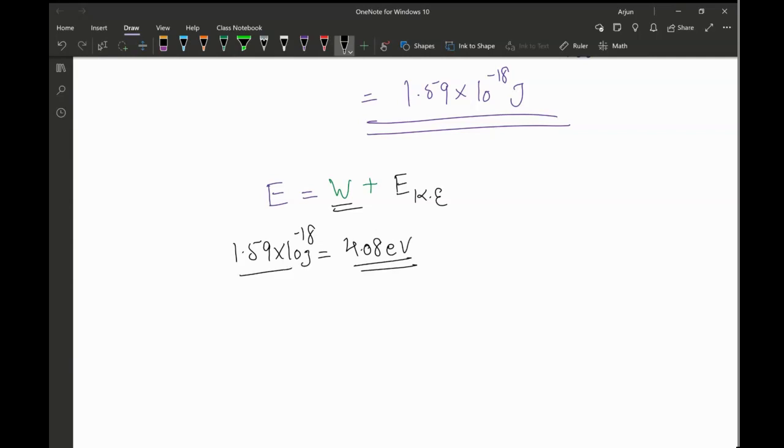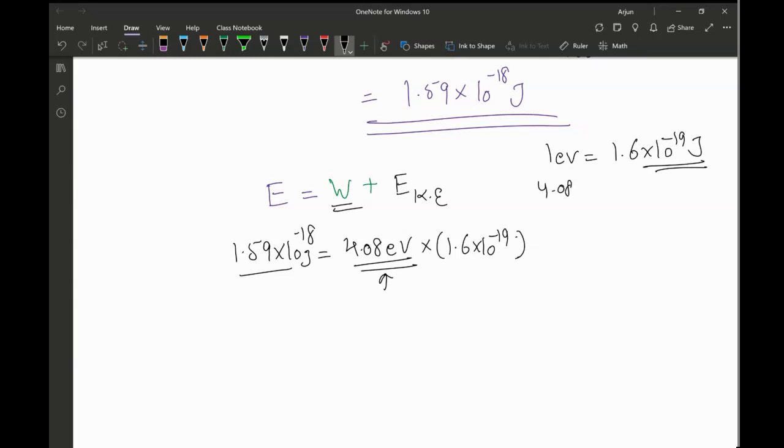Now this is in joules, so I have to convert this value into joules also. So I'll multiply this value with 1.6 times 10 raised to power negative 19, since 1 eV is equal to 1.6 times 10 raised to power negative 19 joules.